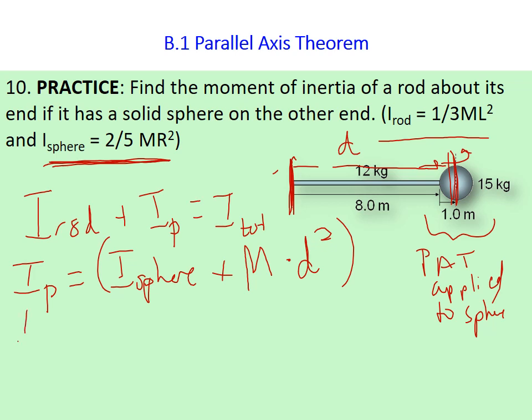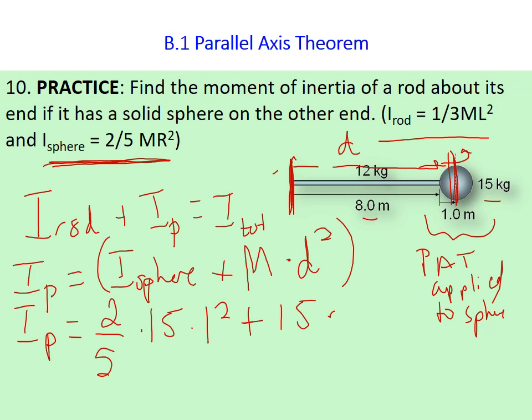So I sub p, we're just looking at the sphere, so I will calculate the moment of inertia of this sphere as if it was just rotating by itself. So we do 2/5 times its mass, labeled 15 kilograms, times its radius, which is 1, and 1 squared is just 1, plus its mass, 15 kilograms, times how far away it really is from the axis of rotation.